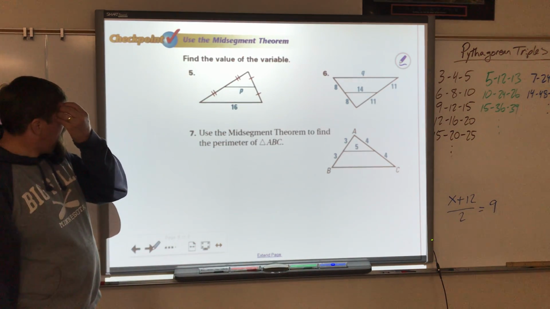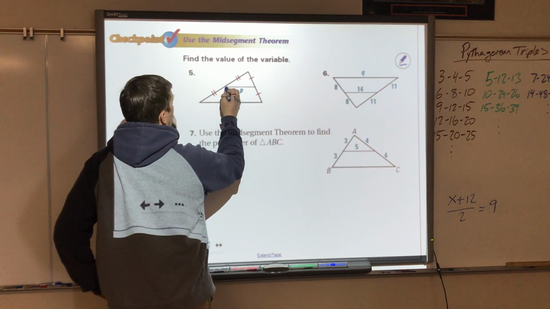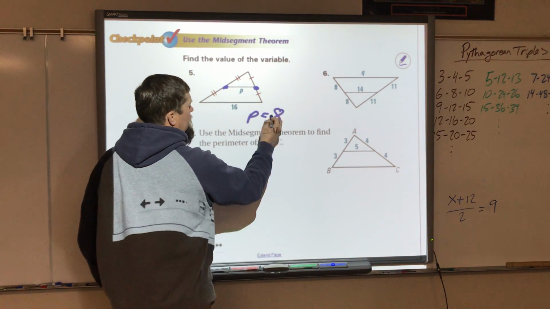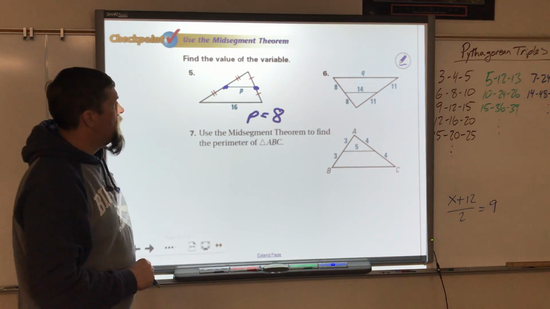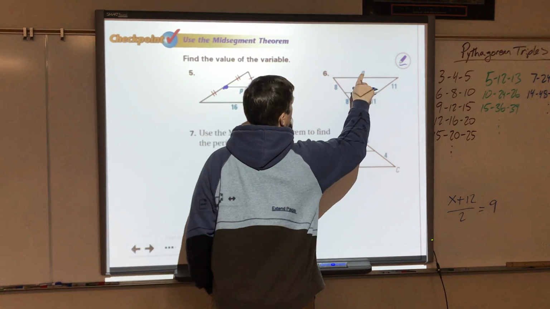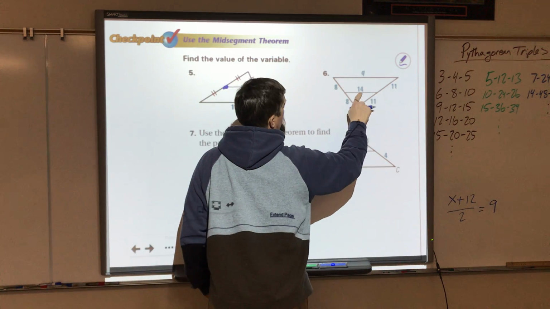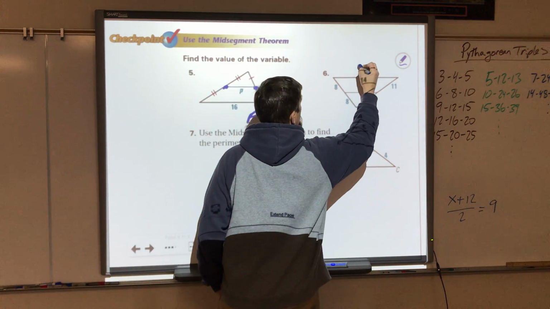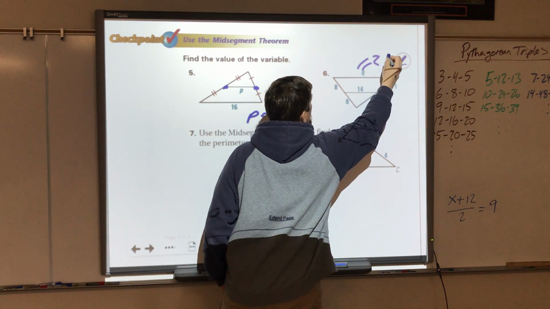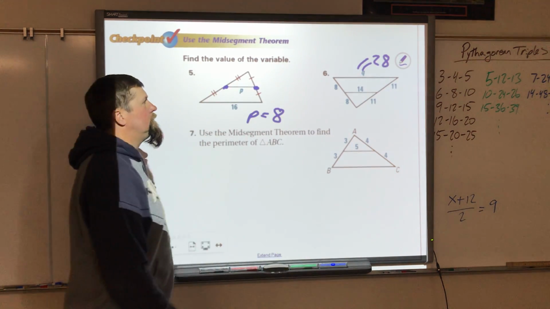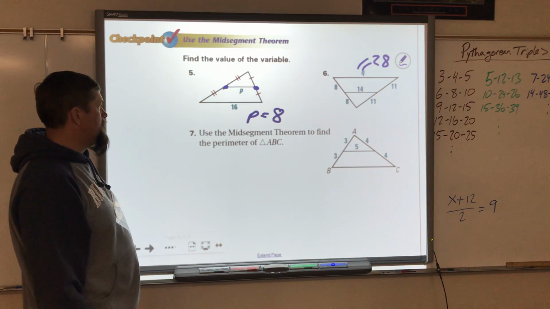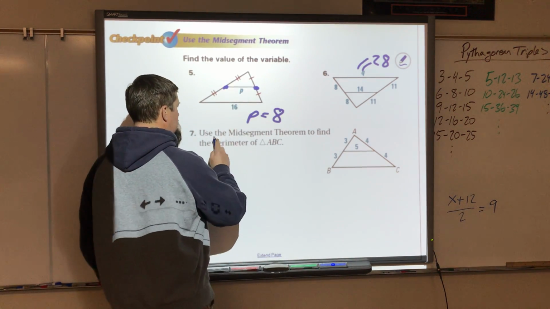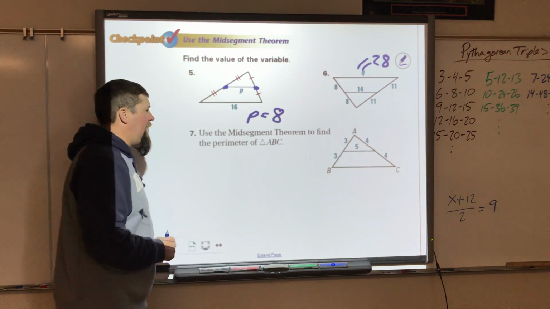All right, find the value. We know these two are midpoints, so P is 8. What's Q? Q is going to be twice as long as the midsegment. So Q is 28. It says here, use the midsegment theorem to find the perimeter.